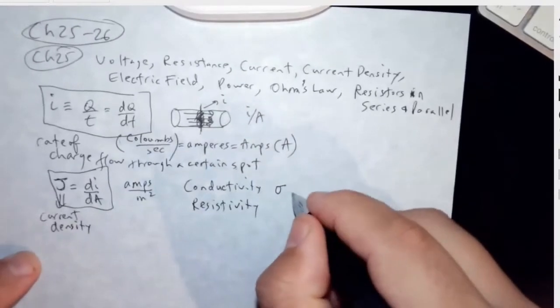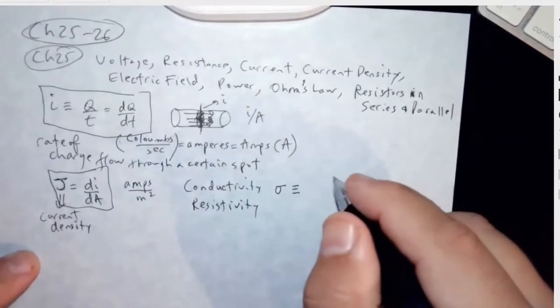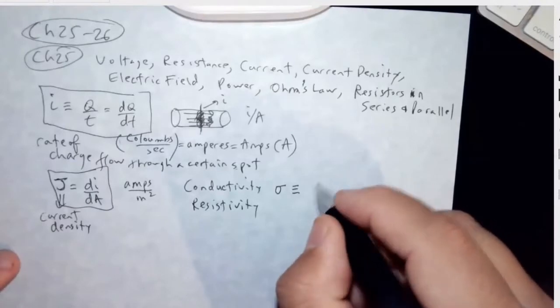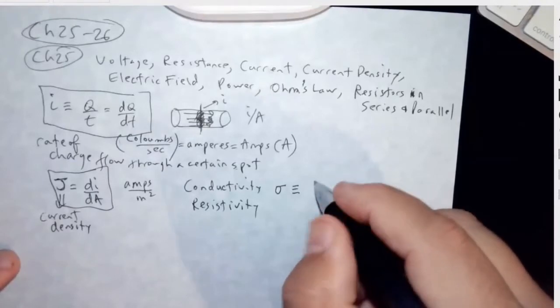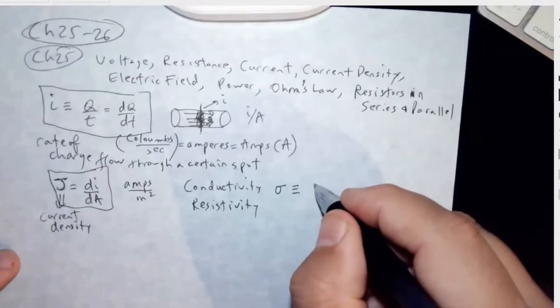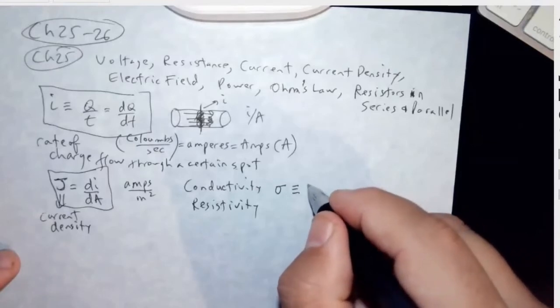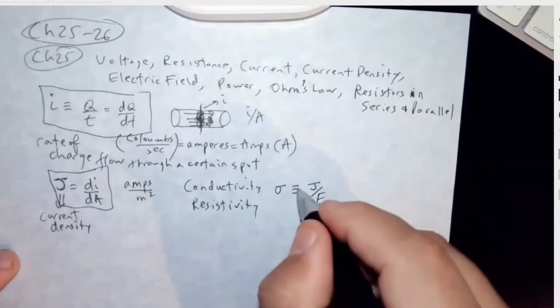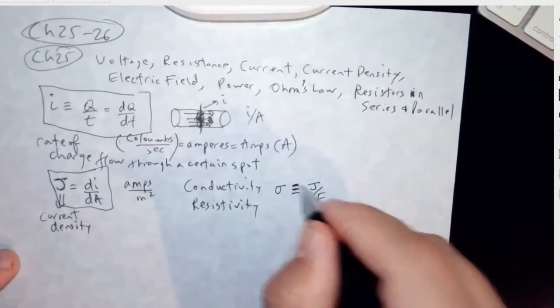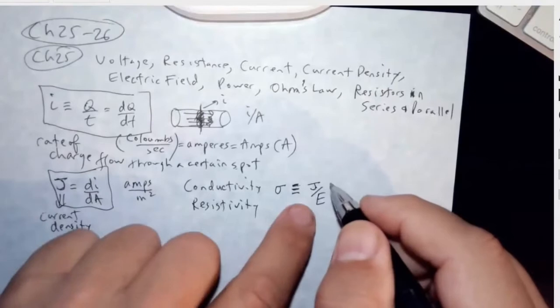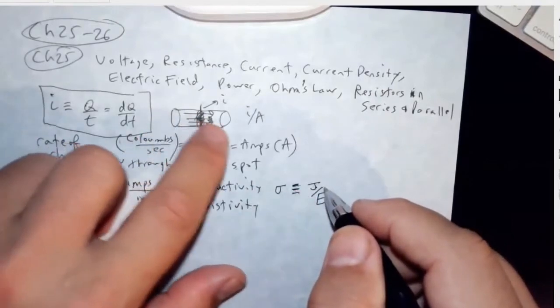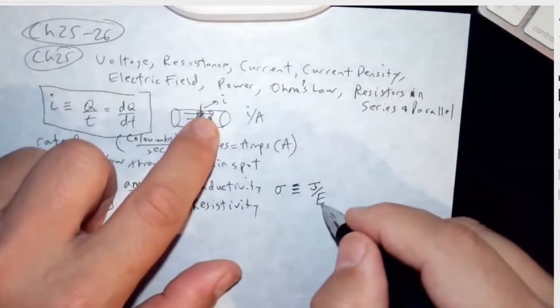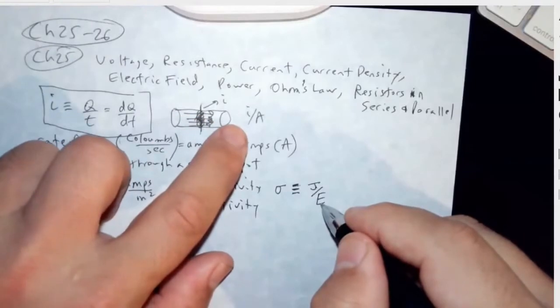We can define that as, let's see here, J over E. That's kind of the definition. How much current density is flowing through a wire divided by how much electric field is required.